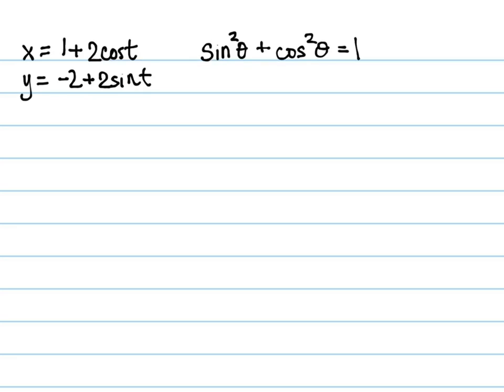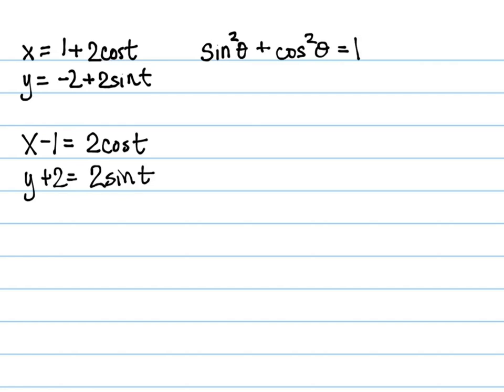So I don't really want to do that. So what we're going to do is we're going to rewrite each of these equations slightly. So I've got x minus 1, and that equals 2 cosine of t. And I've got y plus 2, which is equal to 2 sine of t.